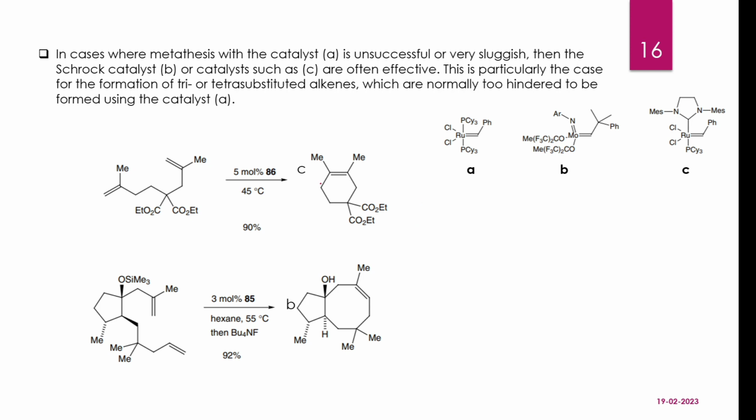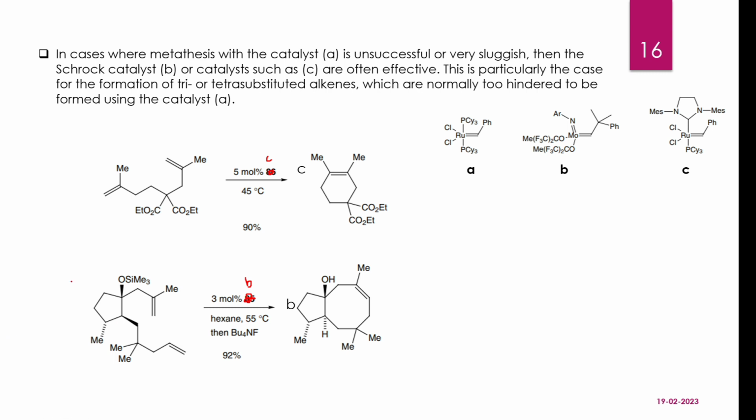So here it will be catalyst C and it will be catalyst B. By adding these two catalysts, we'll get the same kind of product, alkene metathesis.